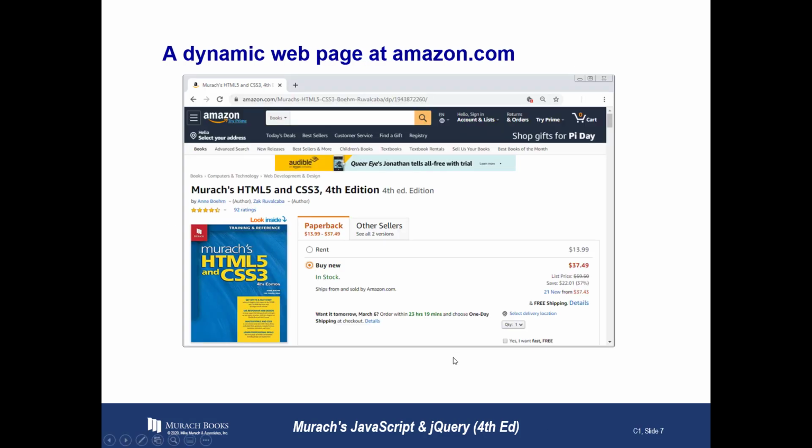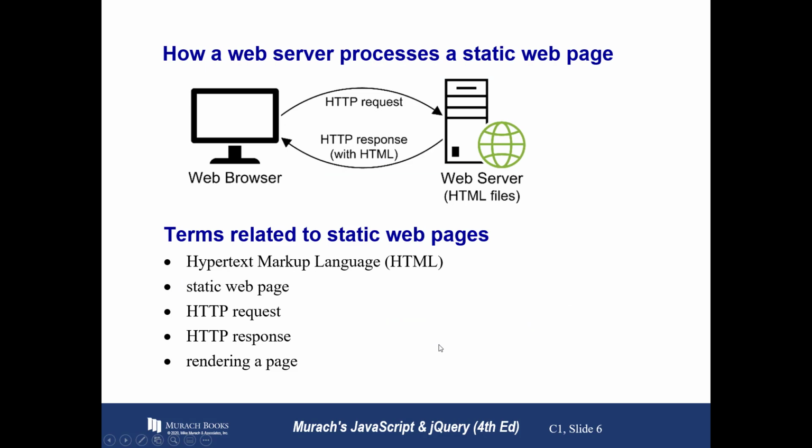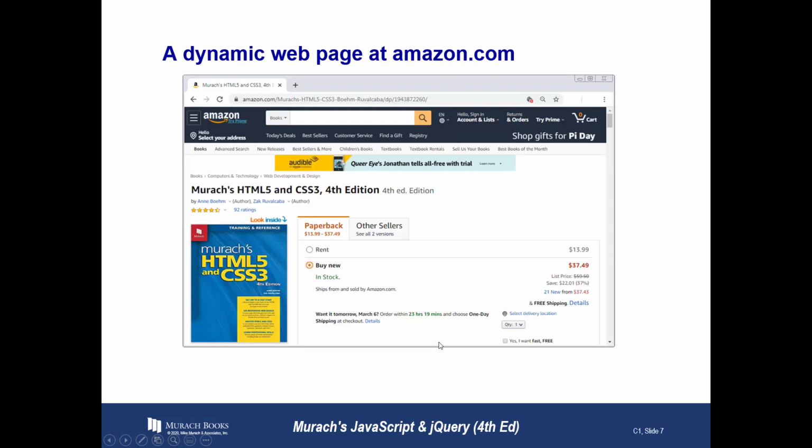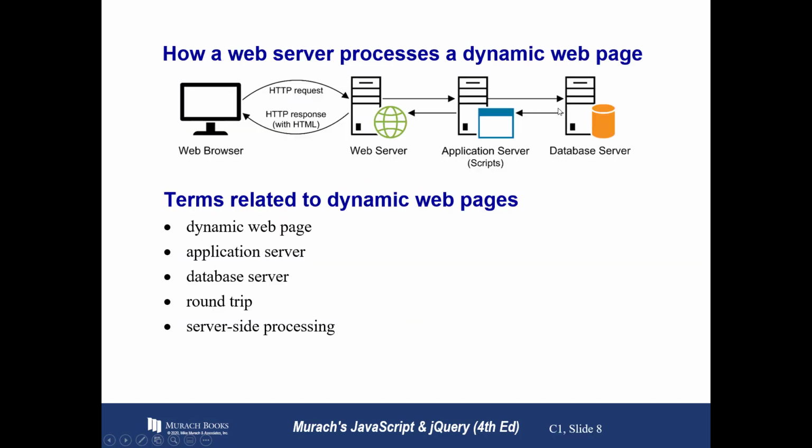Now, here's a dynamic web page. When you think about it, if I go out to Amazon right now and grab this book and say I wanted to put it in my shopping cart, it would appear up there. There is interactivity taking place. Why? Because that's going to involve the use of more than one server.